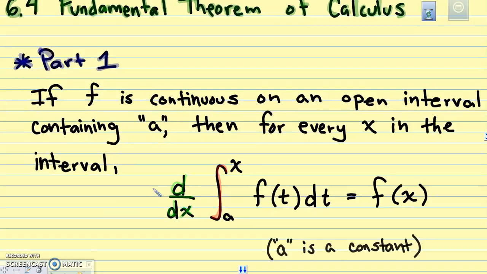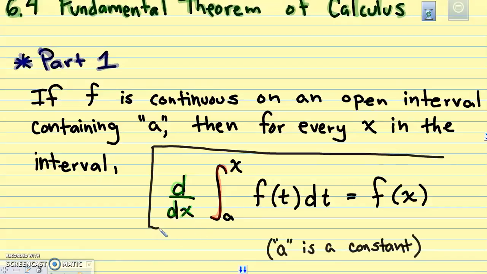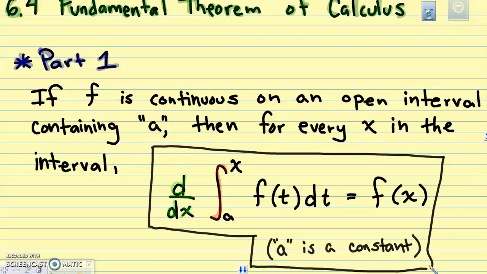Notice that, so all you got to focus on is this, but you do have to keep in mind that in part 1 of the Fundamental Theorem of Calculus, a is a constant, and we're going to focus more on just working out examples that deal with the Fundamental Theorem of Calculus.